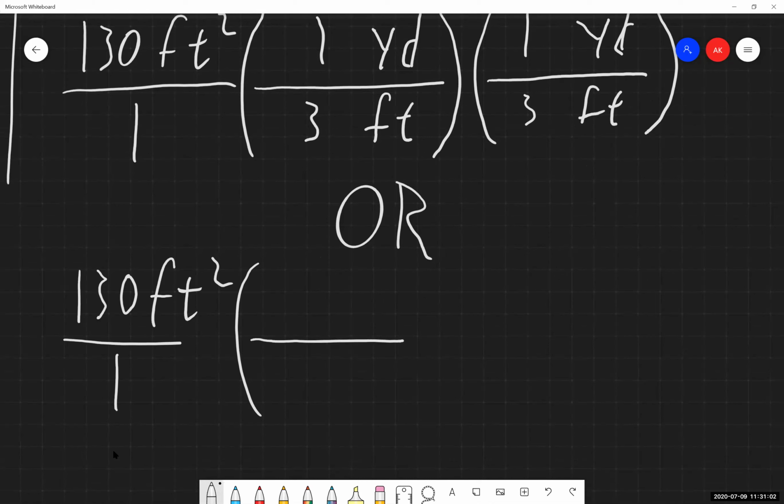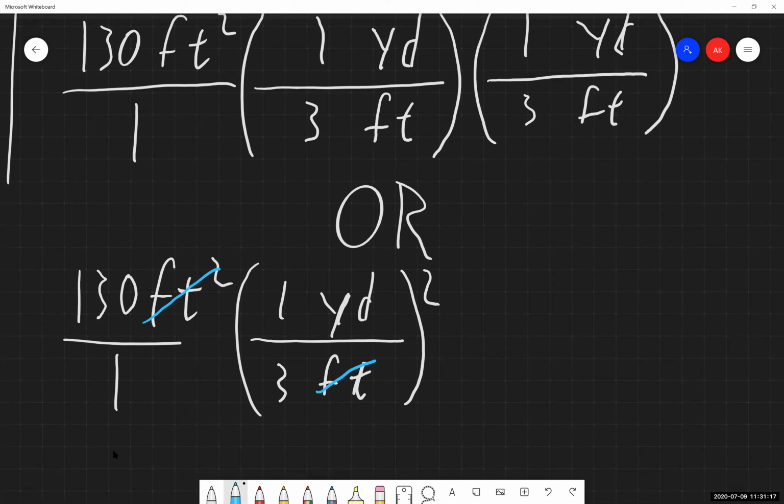So here, 1 yard, 3 feet squared. Okay. And we'll find square feet cancel, and we are left then with square yards.